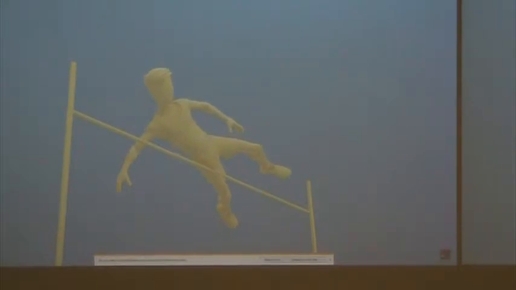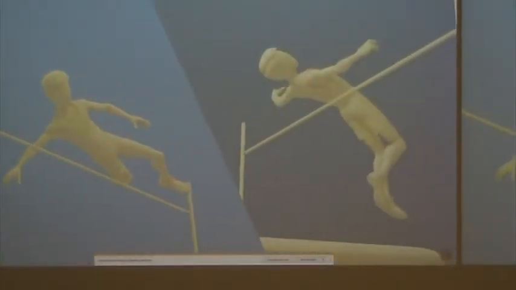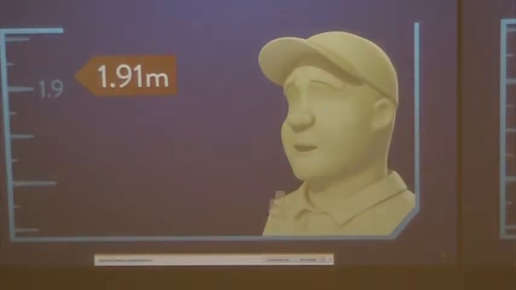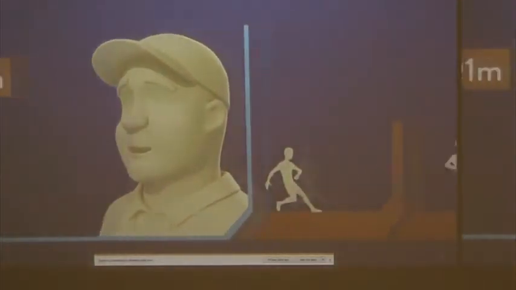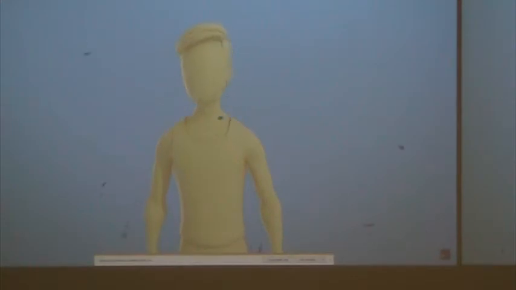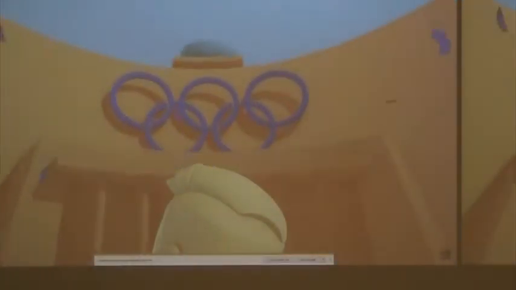Instead of jumping with his face towards the bar, bringing each leg over in the traditional straddle method, he jumped with his back towards the bar. Fosbury improved his record by over half a foot and left his coaches amazed by this strange new style of high jumping. During the next few years, Fosbury perfected his high jump style, won the U.S. national trials, and assured his place in the 1968 Olympics in Mexico.